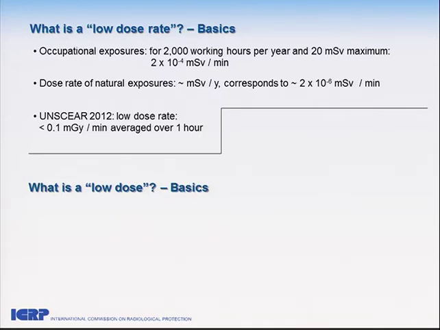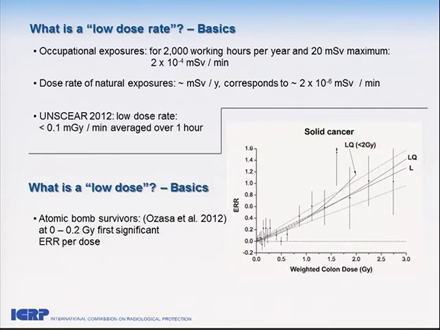And what is a low dose? And here I would like to come back to the lifespan study, to the most recent data produced by RERF for mortality. And I took this picture from a paper of Dr. Ozasa. You see here the excess relative risk as a function of weighted colon dose.